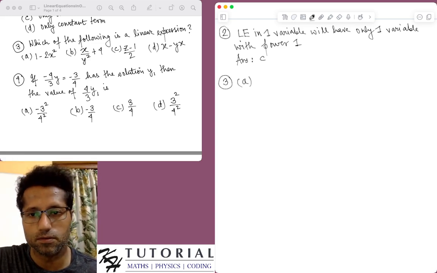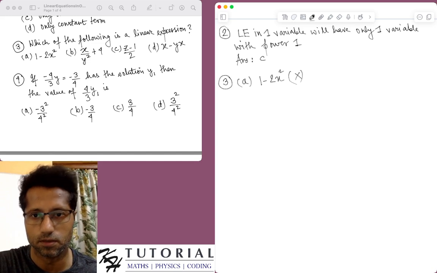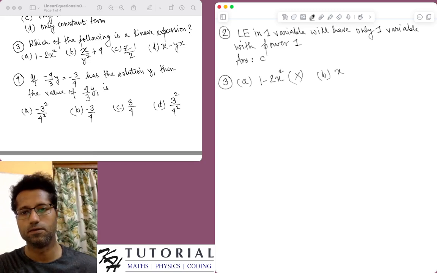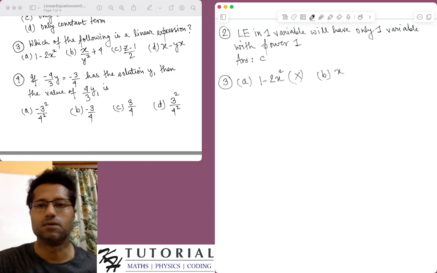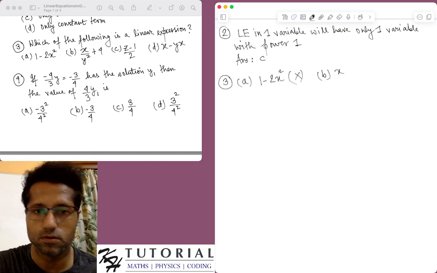So choice A, the second term minus 2x square has power 2, so it is not a linear expression. B, in 1 minus 2x square, the variable term is minus 2x square, and the sum of the powers of the variables is 2. So it's not a linear expression.